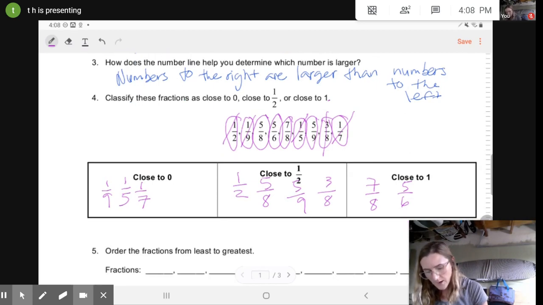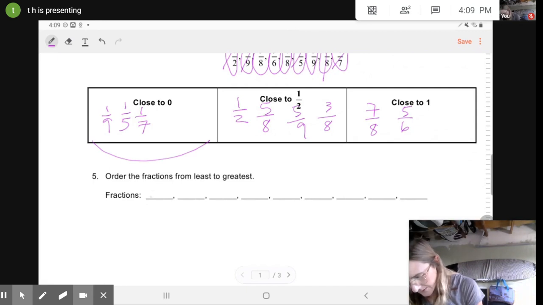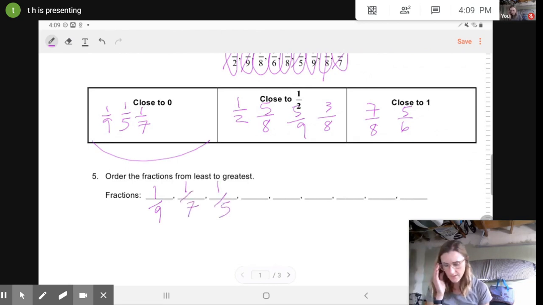So now order the fractions from least to greatest. Well, we kind of did this almost. If I'm going to think about the smallest of these numbers, it's the one with the largest denominator. So this is 1/9, and then 1/7, and then 1/5.